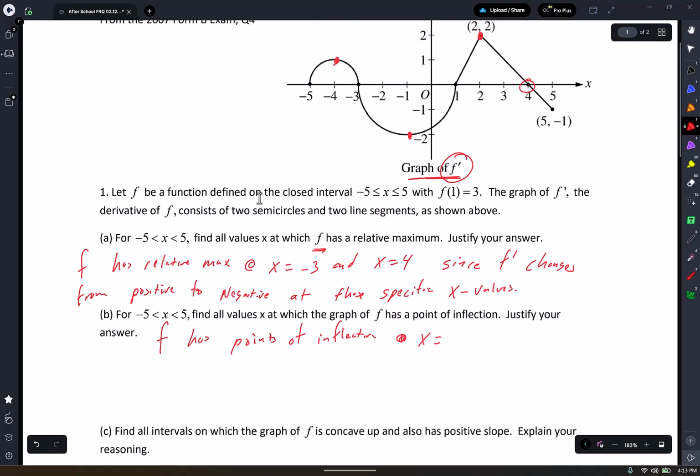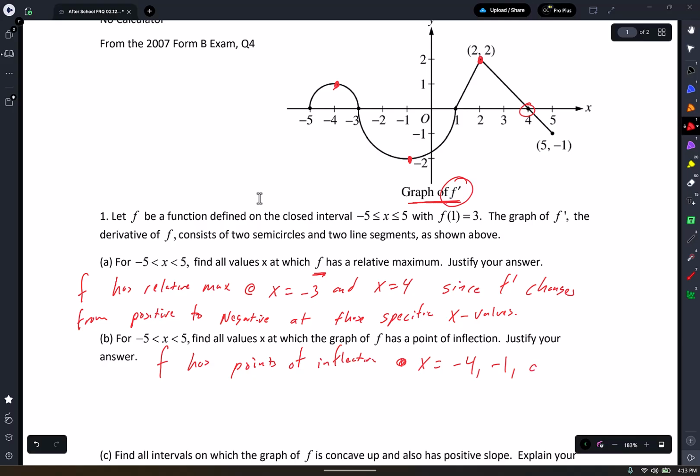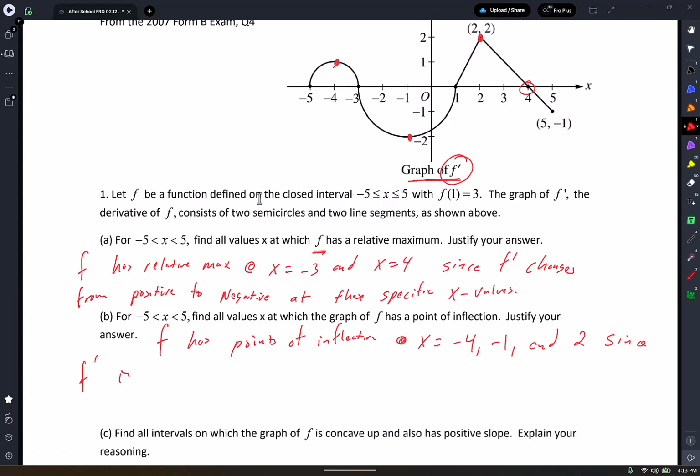At x equals -4, -1, and 2, since f prime is changing, and I like to state the first one first, is changing from increasing to decreasing and vice versa at those specific x values.